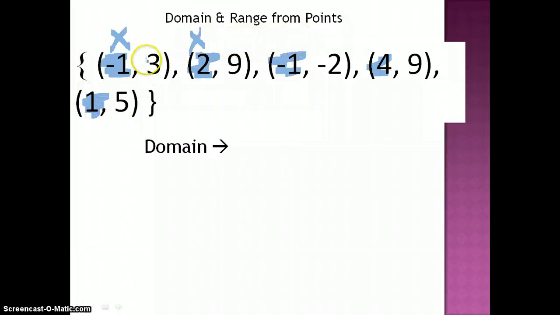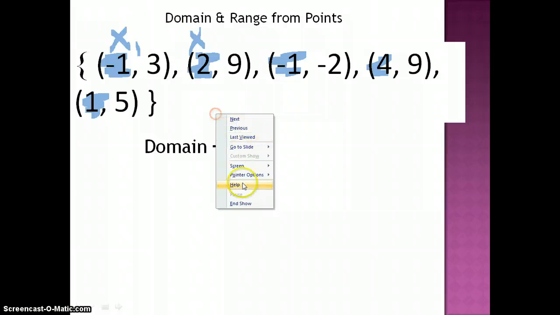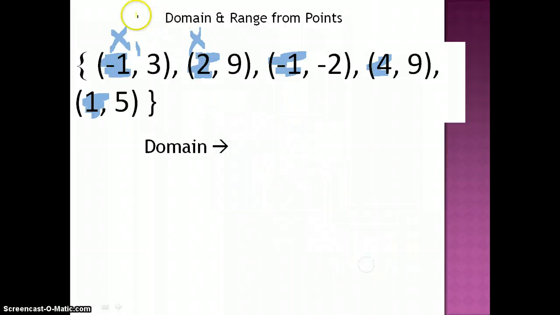So those are my X values. The second number that comes are my Y values. So my Y would be 3, 9, -2, 9, and 5.